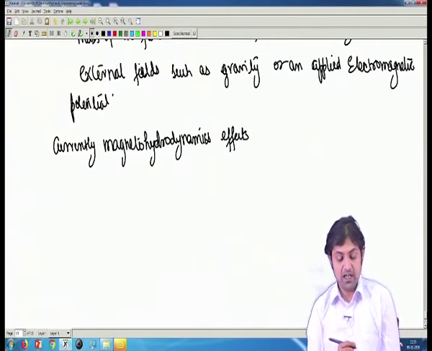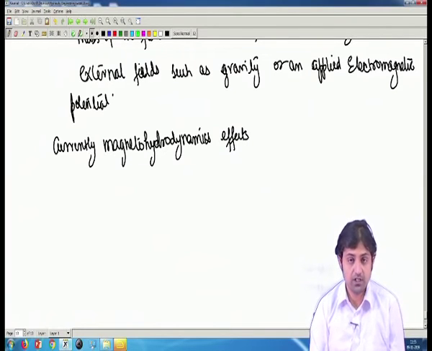So, magnetohydrodynamics, hydrodynamics is fluid dynamics for example, right, and which is caused by the magnetic force.